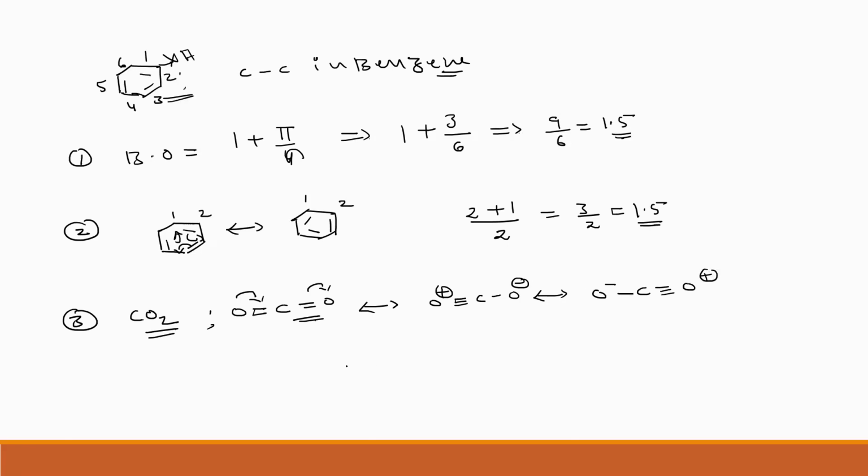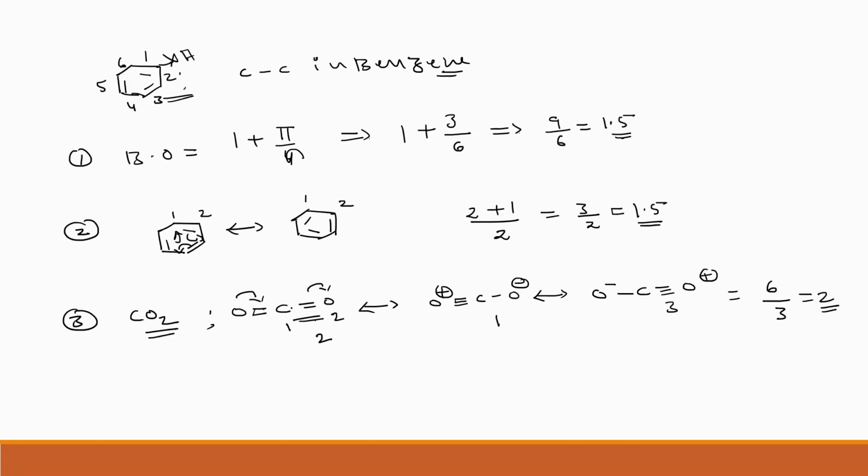Now see, among these 3 resonating structures, this one is not having charge. Now count the number of bonds between carbon and oxygen. Here we have 2 bonds, here we have 1 bond, and here we have 3 bonds. The total number of bonds is 6, and the resonating structures are 3. So the bond order is equal to 2.